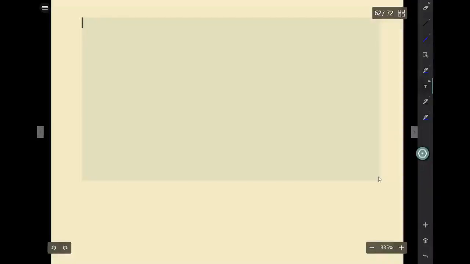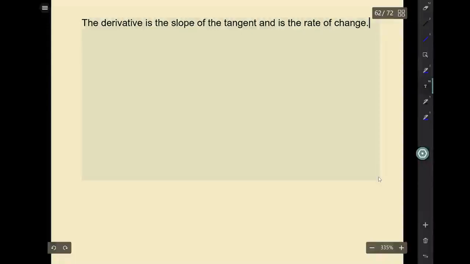Let's take a minute to summarize. The derivative is the slope of the tangent and is the rate of change. And so usually that's f prime of x.